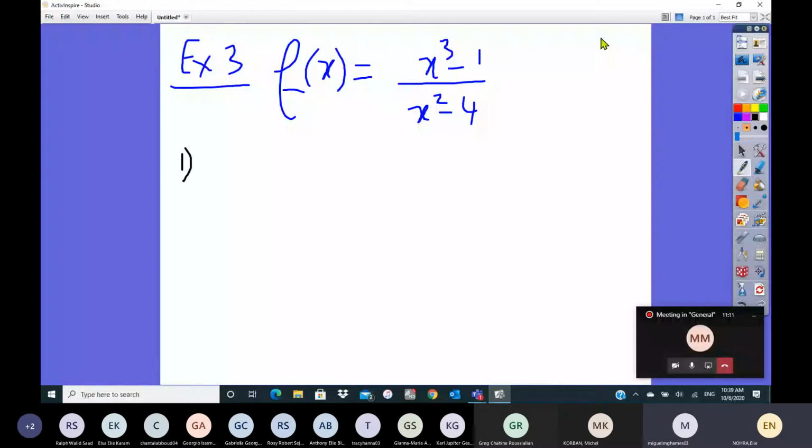Before we start, we know that somewhere on the track, we're going to face the 0 of the denominator, whether it's a 0 minus or 0 plus. So why not find the table of sign of x squared minus 4 first?